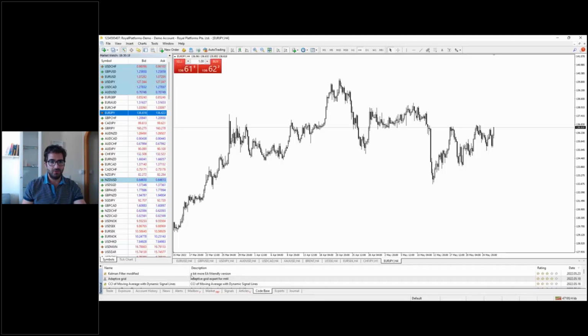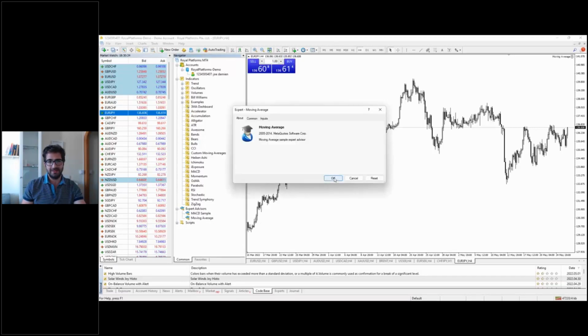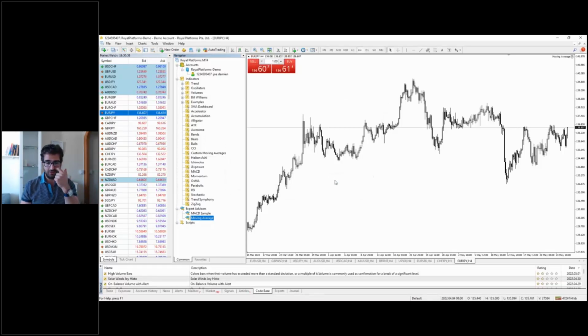You go for the code base, and then you go for the data window, navigator, and then you add it through the expert advisor here. First you will download it, then you will see it here, and then you apply it on your chart to be able to use it whenever you trade.